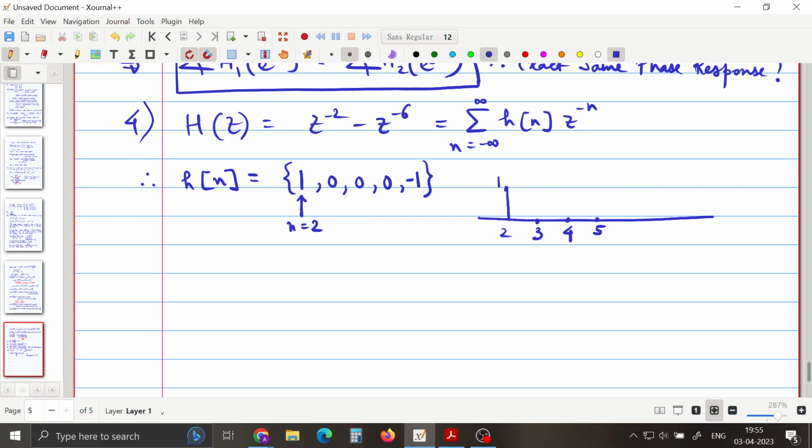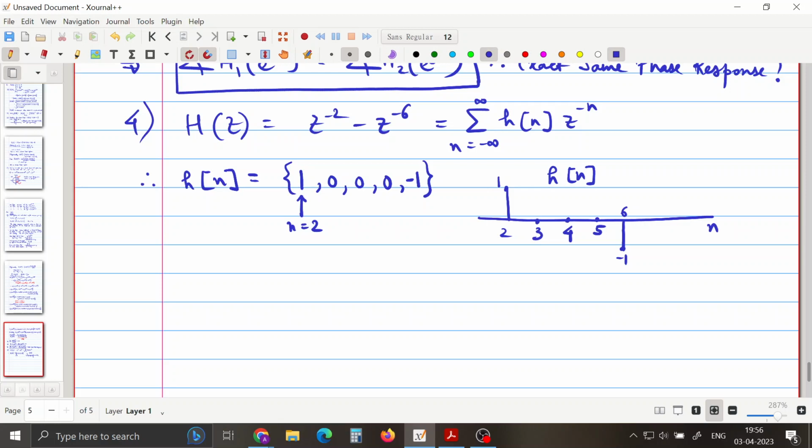At n equals 6 the coefficient is minus 1, we have a minus sign here. So the coefficient at n equals 6 would be minus 1. So this is the rough sketch of h of n.